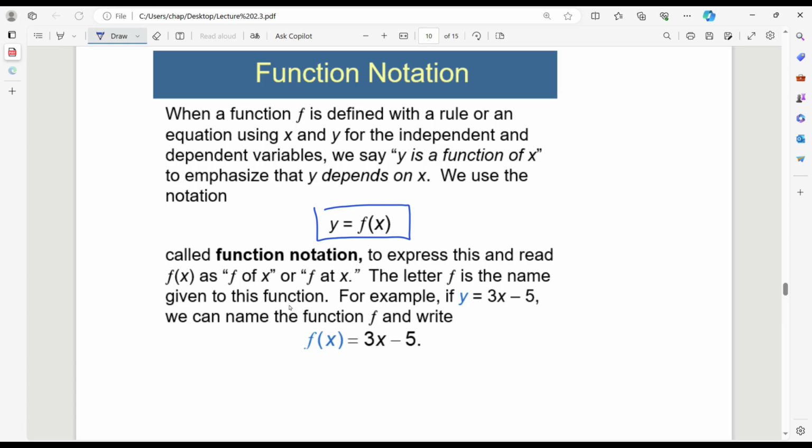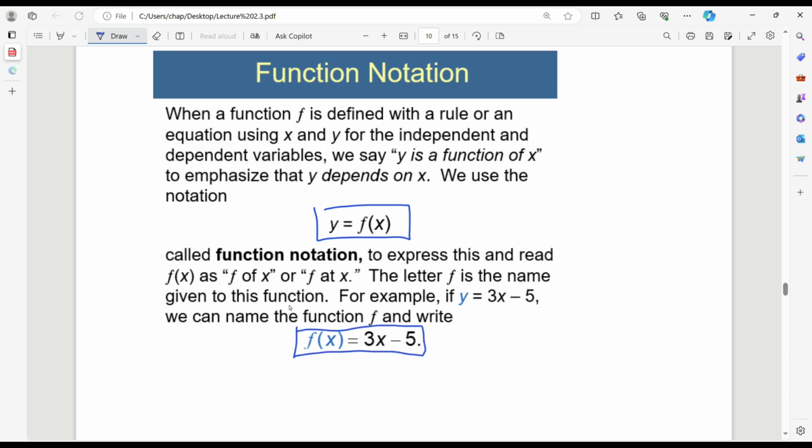The letter f is the name given to this function. For example, y equals 3x minus 5. We can also name the function f and write it down as f of x equals 3x minus 5.